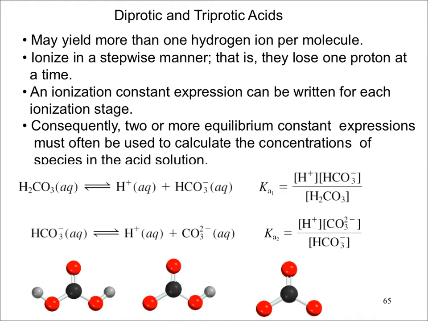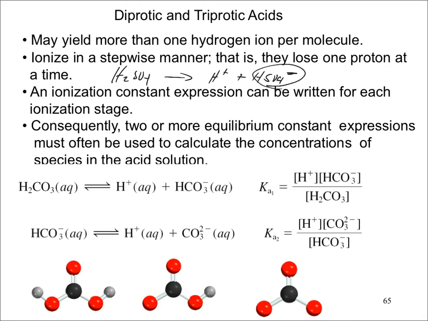Now, for diprotic and triprotic acids, this is going to be a stepwise loss of protons. So H2SO4 is a strong acid, but only for the first proton coming off. So H plus plus HSO4 minus.